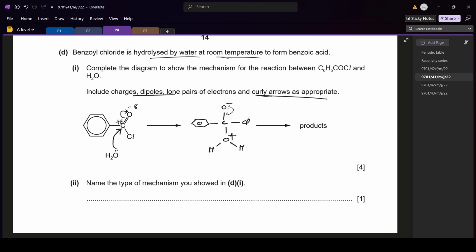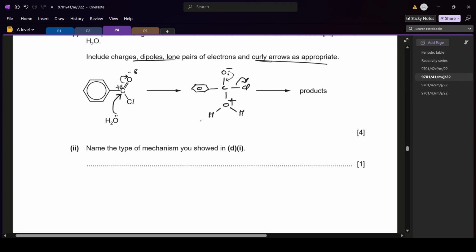And then this negative charge, this double bond which was broken, will again donate its electrons to carbon, and this chlorine will take electrons from carbon. So then you will get the benzoic acid. So this is the mechanism for this reaction.